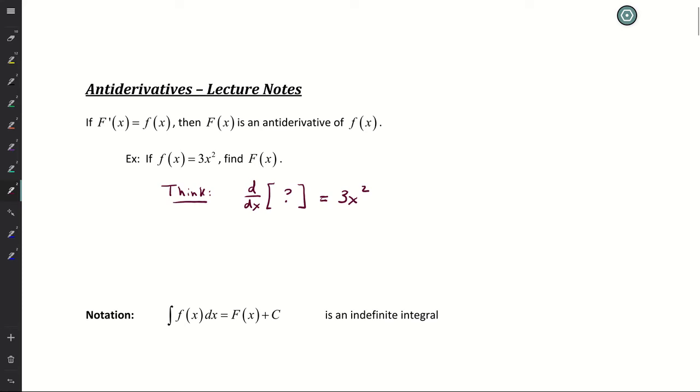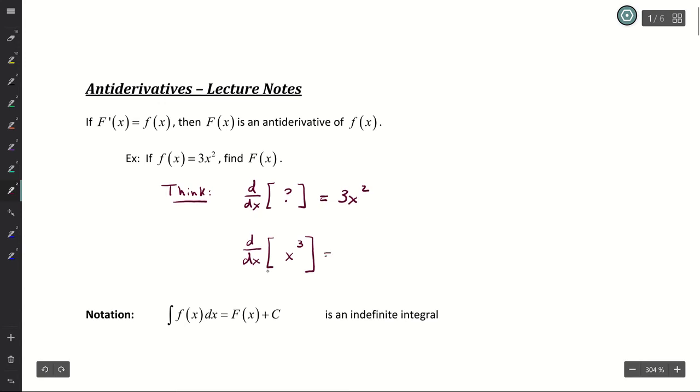Thinking about rules for derivatives, a possible function that I could take the derivative of to give me 3x squared would be x cubed. Because if I use the power rule for derivatives, I would take the 3, that's the power, multiply it to the front, and then reduce the power by 1, making it 2. So I could take the derivative of x cubed, and that would give me 3x squared.